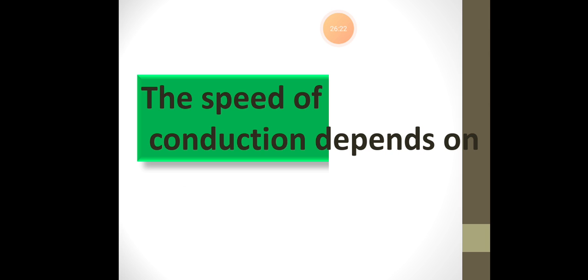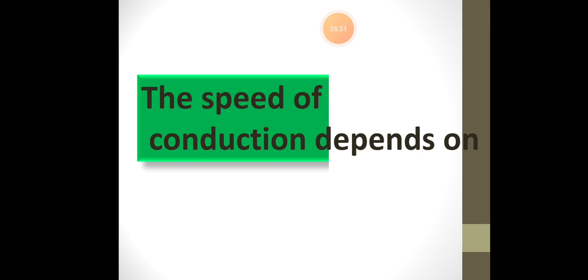The conduction speed increases with an increase in axon diameter. When the axon diameter is higher, the conduction speed is also higher.